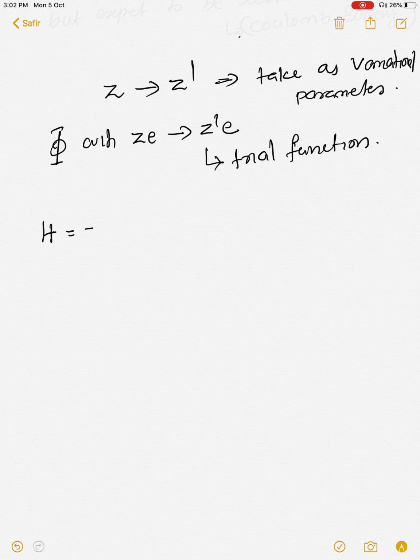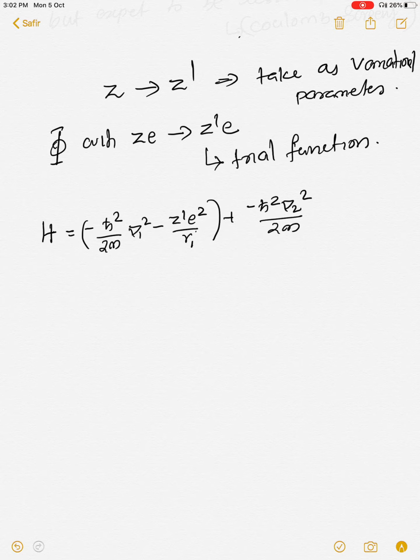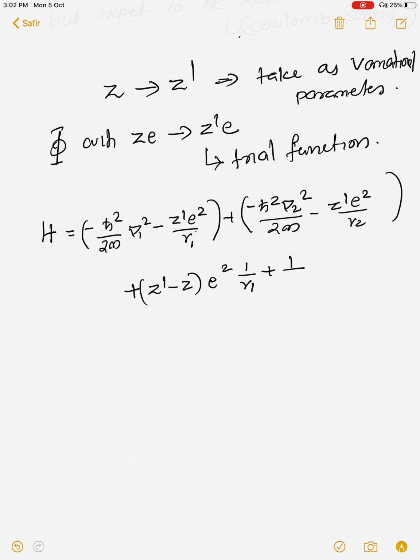So it can be written as minus h-bar square by 2m del 1 square minus Z prime e square by r1, plus minus h-bar square del 2 square by 2m minus Z prime e square by r2, plus (Z prime minus Z) e square times (1 by r1 plus 1 by r2), plus e square by r12.